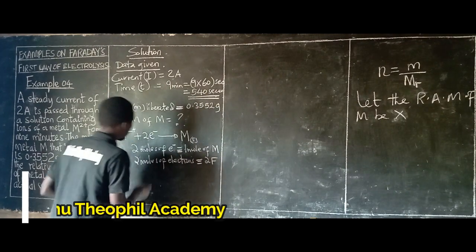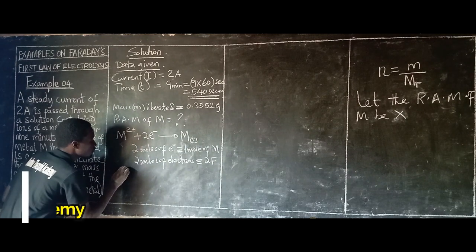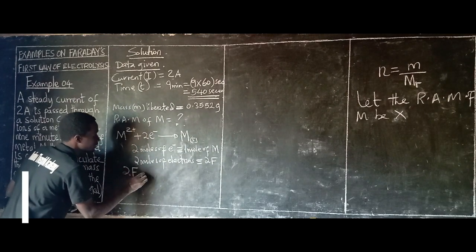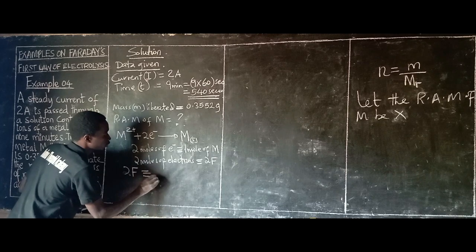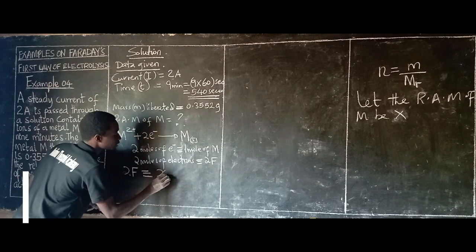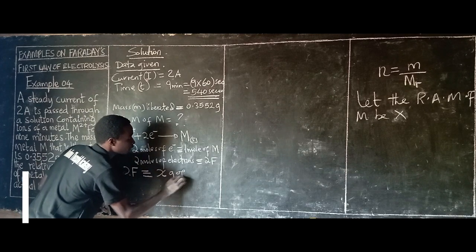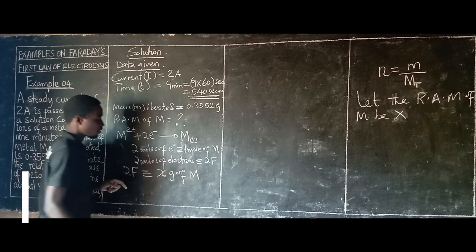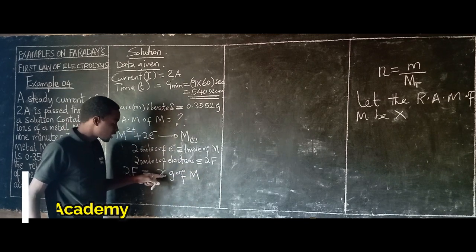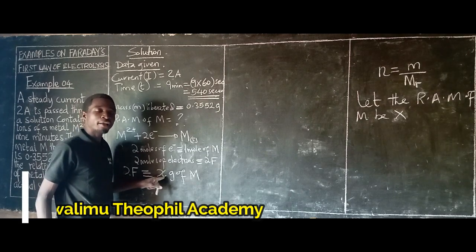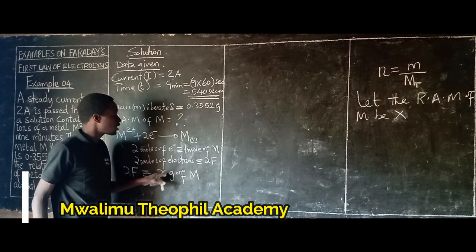Now here we say that 2 Faradays are equivalent to X gram of metal M, whereby this X is the relative atomic mass of metal M.